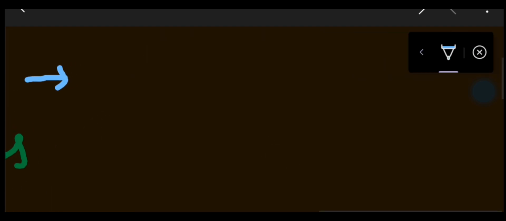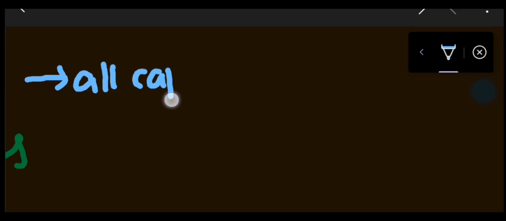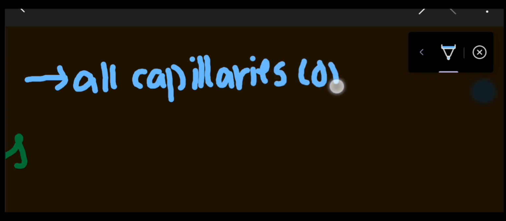Now let's discuss some points. The first point: all capillaries basically combine and form the vein.